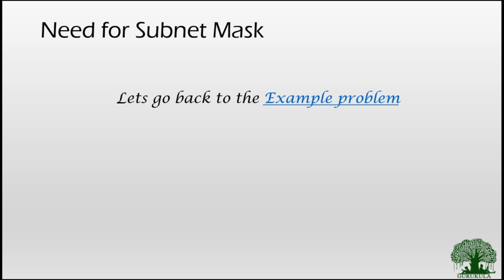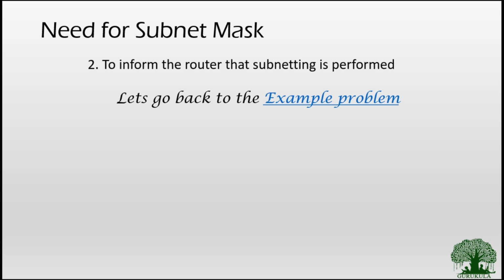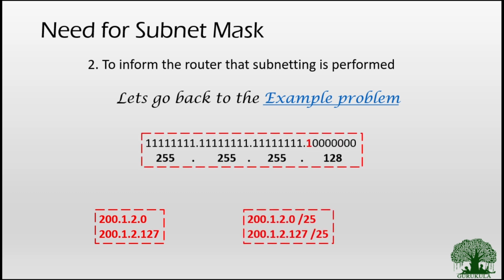So let's go back to the previous problem. Here I am not going to get back to the previous problem; you can refer to my previous slides on variable and fixed length subnetting, where you can see the example approach. In order to perform the routing, since subnetting is performed, I will have to borrow 1 bit. This is the IP address which we discussed in the previous videos, and we subnetted the entire address space.